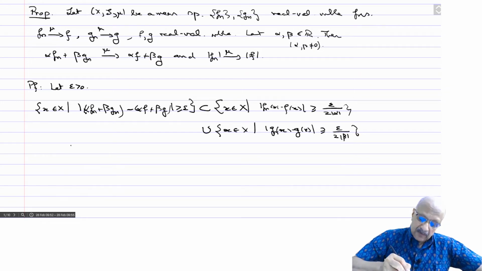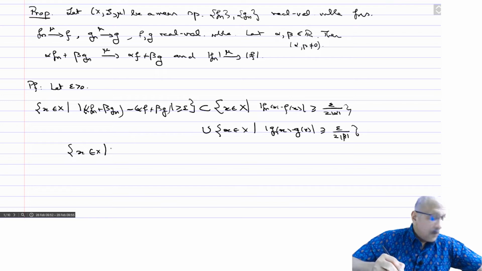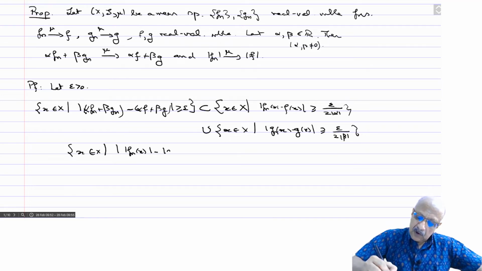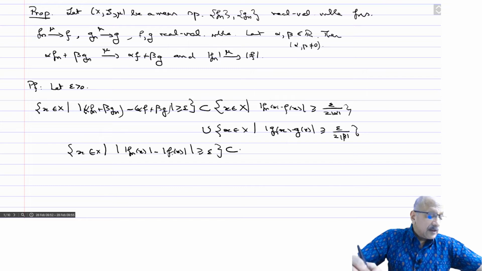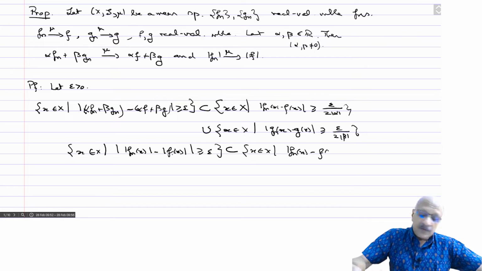Similarly, the set of all x in X such that mod f_n(x) minus mod f(x) is greater or equal to epsilon is contained in the set of all x in X such that mod f_n(x) minus f(x) is greater or equal to epsilon.